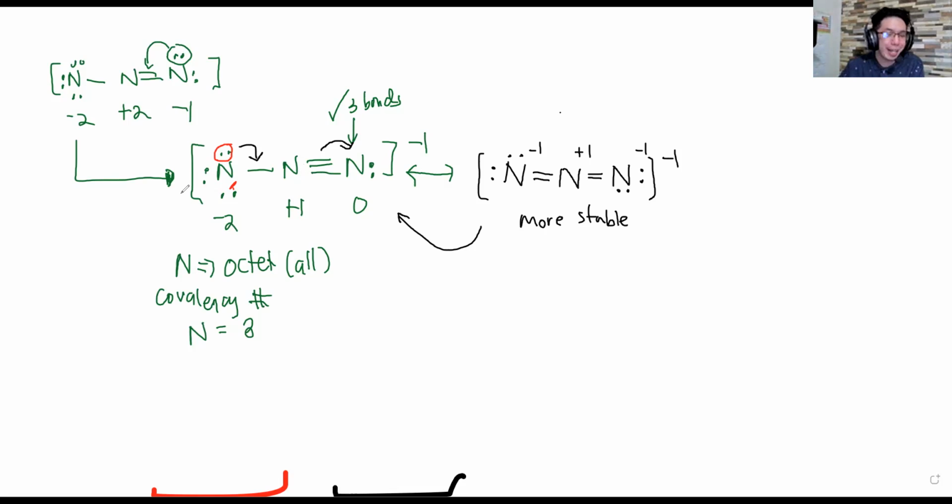Edi hindi kagad sila symmetrical. I'm exposing you now to the realities of atoms. Don't worry, at least alam mo na we can't easily assume that atoms will be equal because you have isotopes.